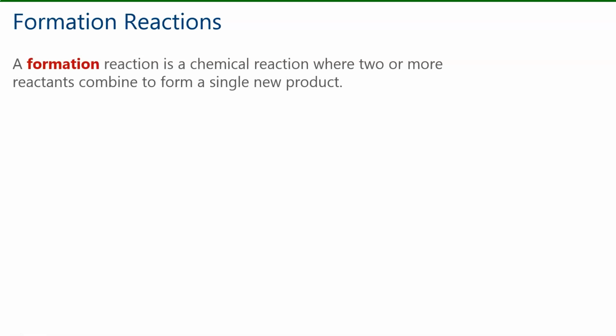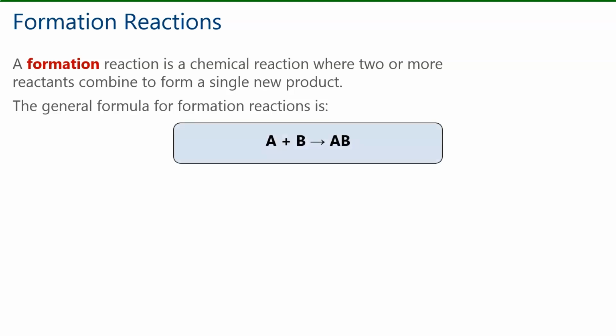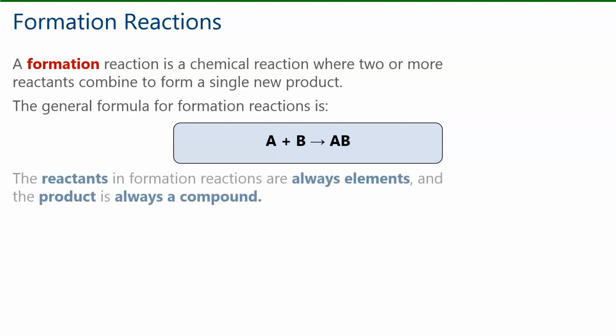First, we'll talk about formation reactions. A formation reaction is a chemical reaction where two or more reactants combine to form a single new product. The general formula for formation reactions is A plus B gives you AB. The reactants in formation reactions are always elements, and the product is always a compound.